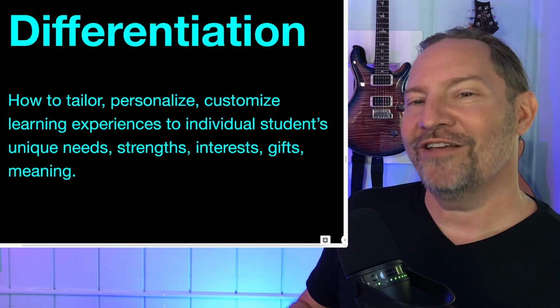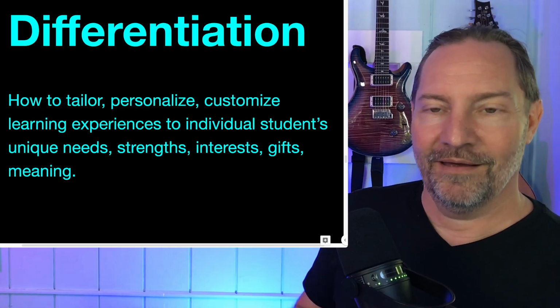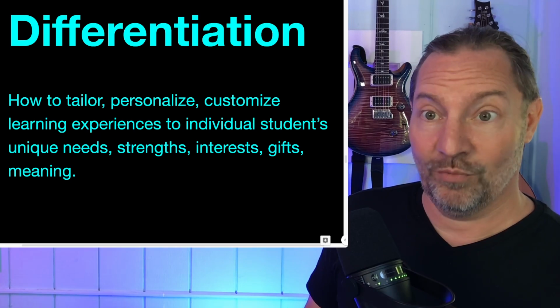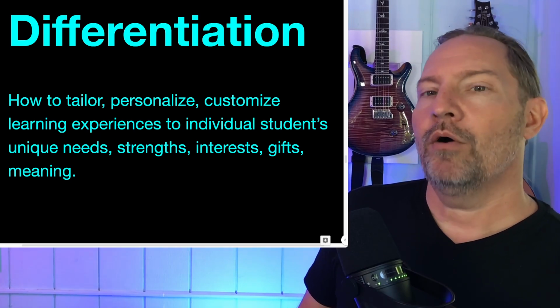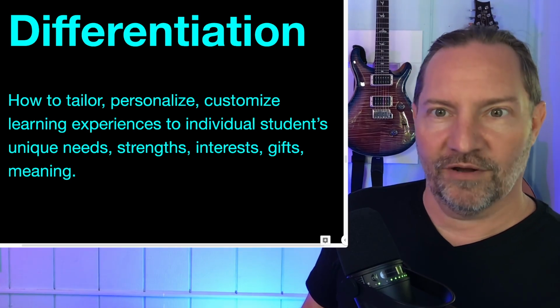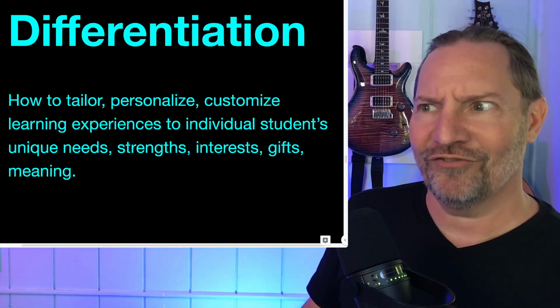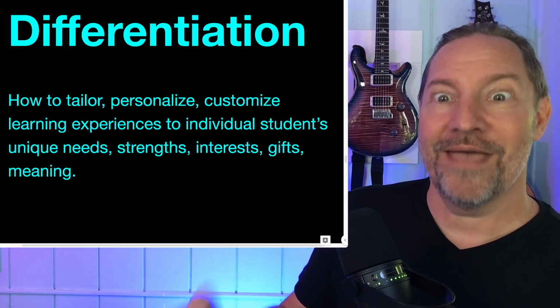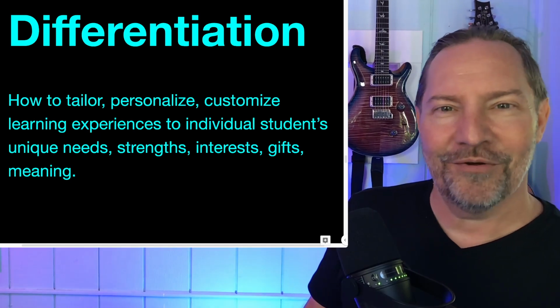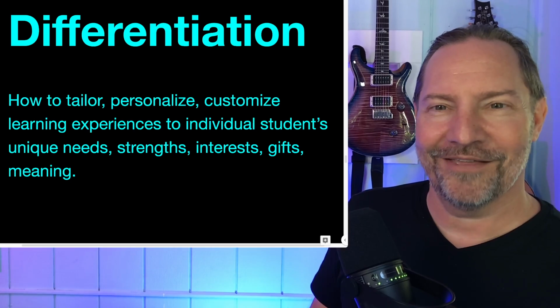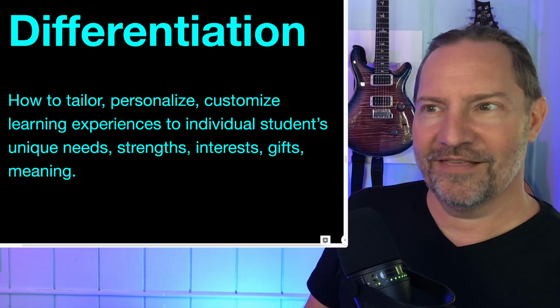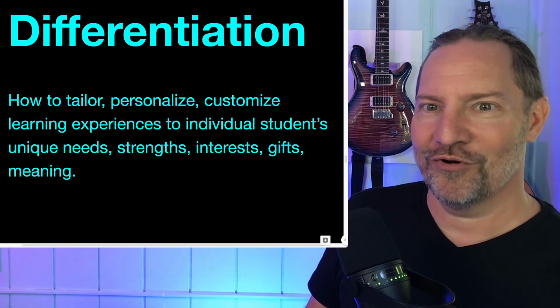With differentiation, though, we can really customize things to their strengths, what they are good at. How can we customize it to their interests so that we're not just dictating top down what the curriculum's like, but we can actually use their interests to make learning more interesting? And what about their gifts? Similar to their strengths, right? What about their gifts, the things that they're good at, whether or not they're measured or noticed?